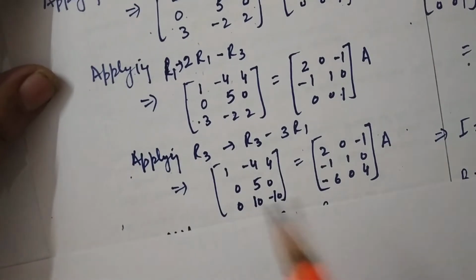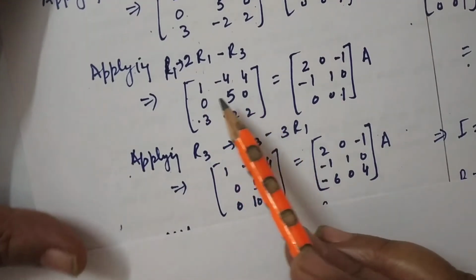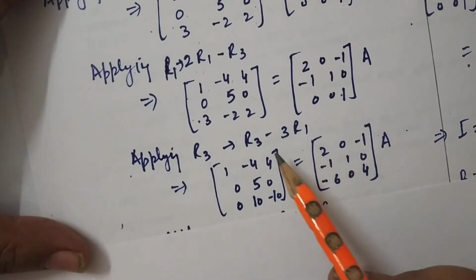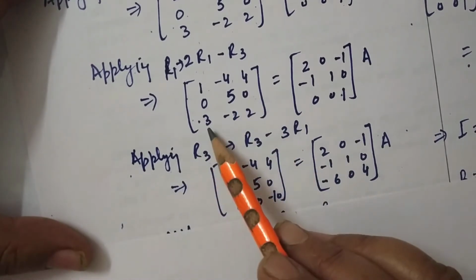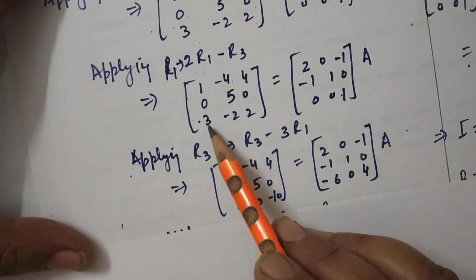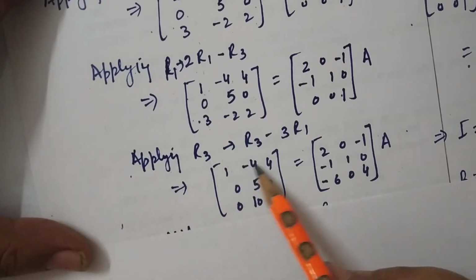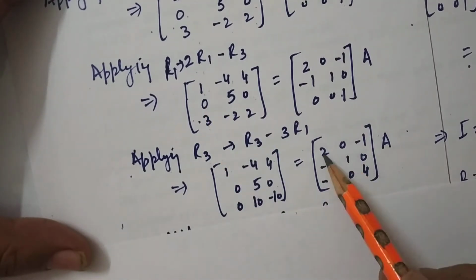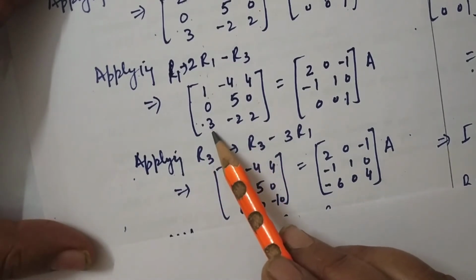Now, as I can see, 3 places are solved, 3 places I have got correct. Now the rest of the places I have to work on. I have to get 0 here, so I can easily obtain it by applying R3 goes to R3 minus 3R1. No change in R1 and R2, so I noted them quickly. R1 and R2 first I wrote, and now I apply the change in R3.